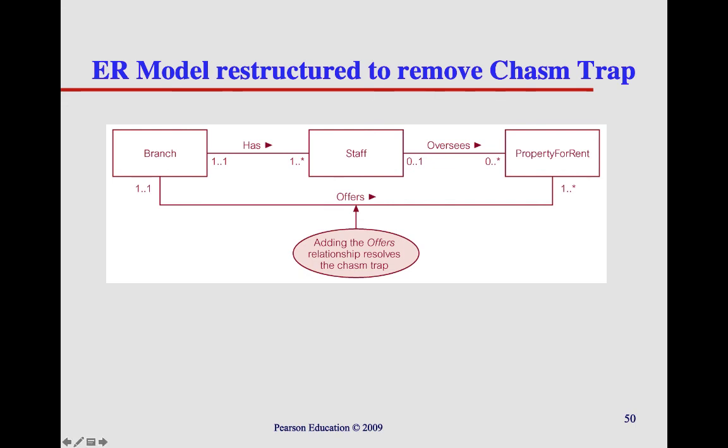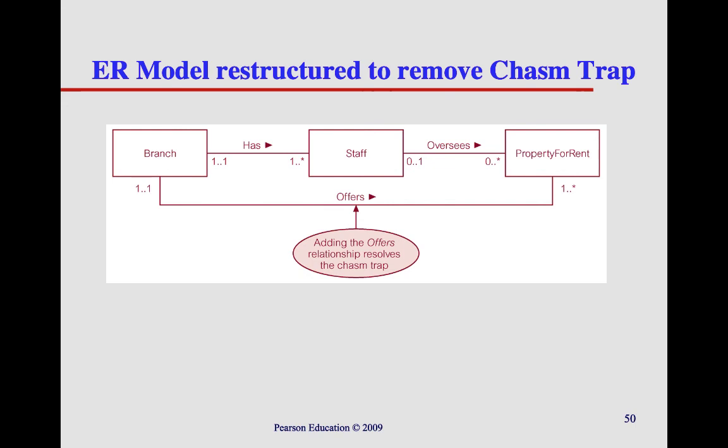So the easiest and best way to fix a chasm trap is to ask whomever we're designing the database for, can we use a default value here? So if no one is managing this property for rent, could we just use the manager of the branch as a fill-in and thus turn this into a one-to-one relationship?